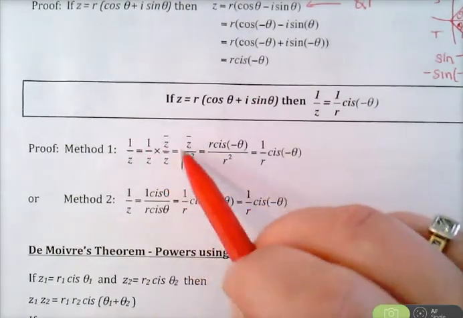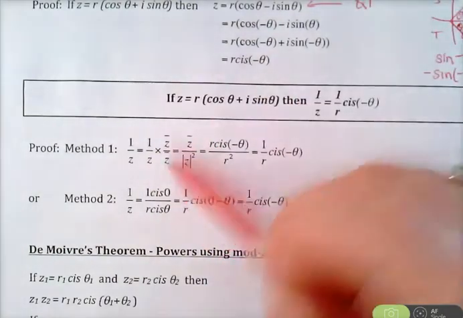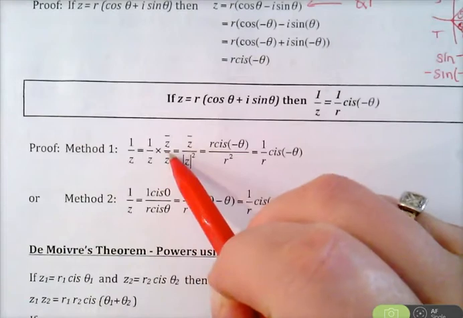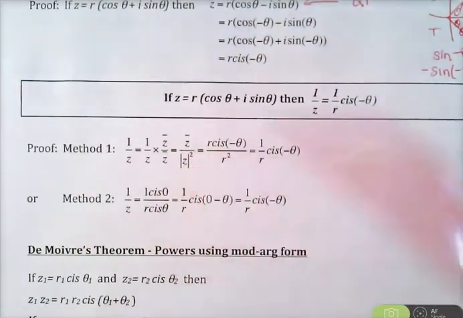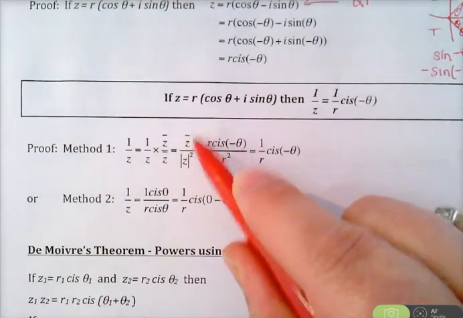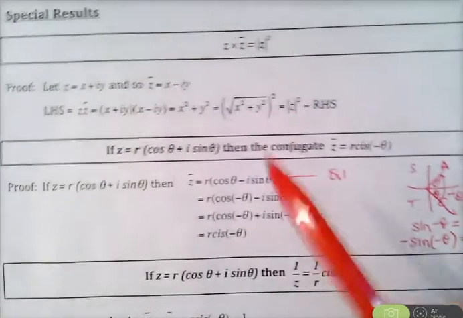Now, doing that, we get 1 times z bar is z bar, and using the special result from up there, we've got z times z bar, which we know is the modulus of z squared. So looking at these results, with this last one we've just used that earlier result that was just proven.